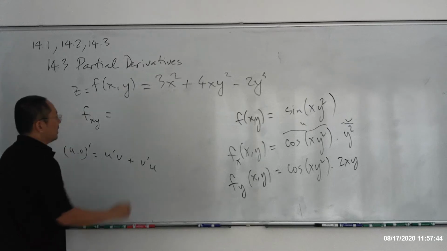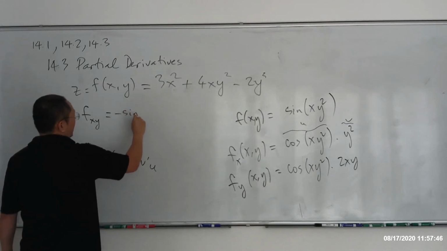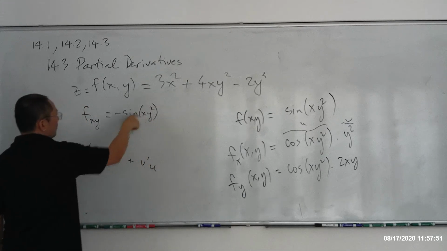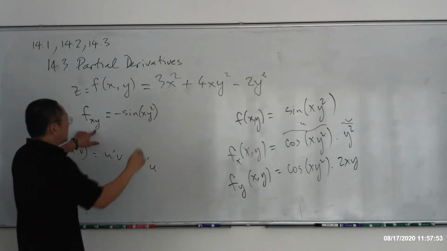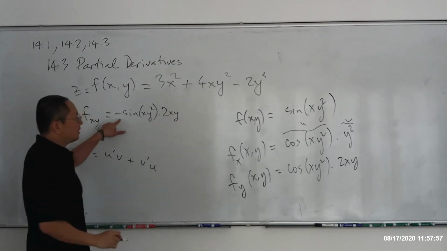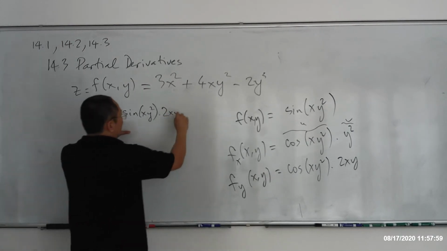The derivative of cosine is negative sine of xy squared. Now I have to use the chain rule because I have a mess in here. With respect to y, I have to multiply by 2xy. This is u prime times v, times y squared.